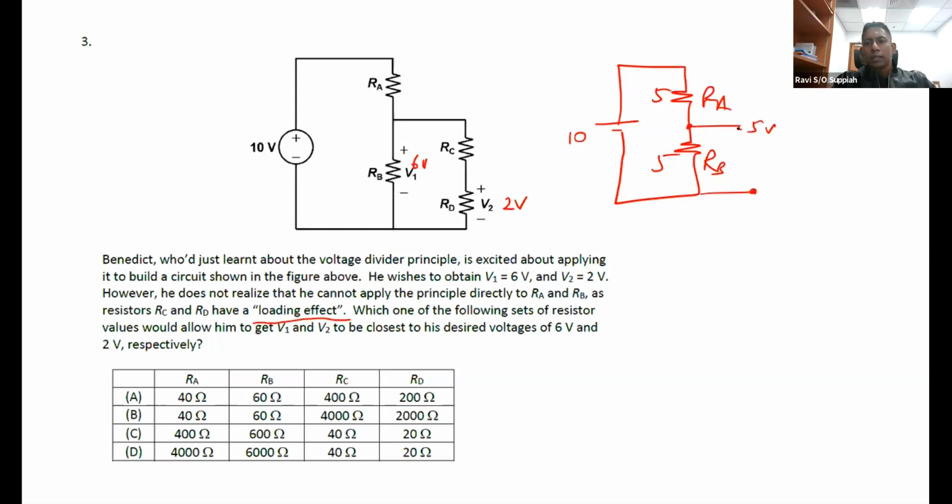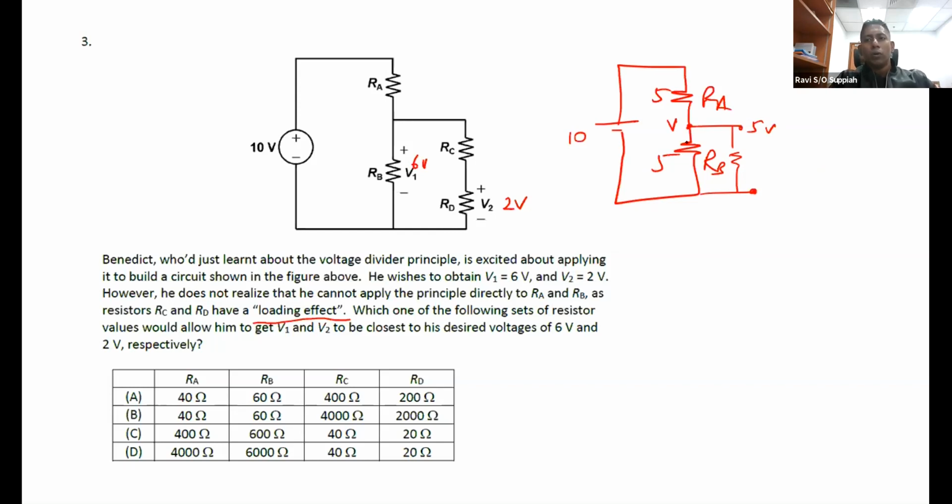But the moment I connect something else in parallel to RB, it may no longer have an equivalent resistance of 5 ohm over here. Then the combined resistance may no longer be 5 ohm, which means that the voltage at this point here will change.